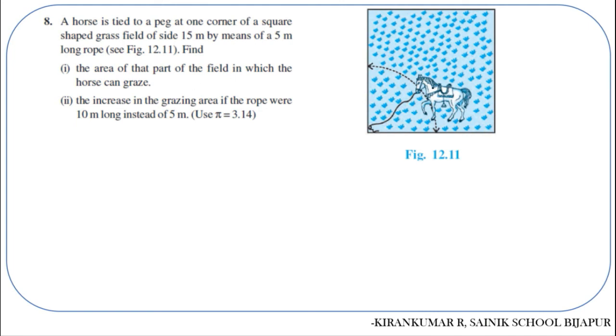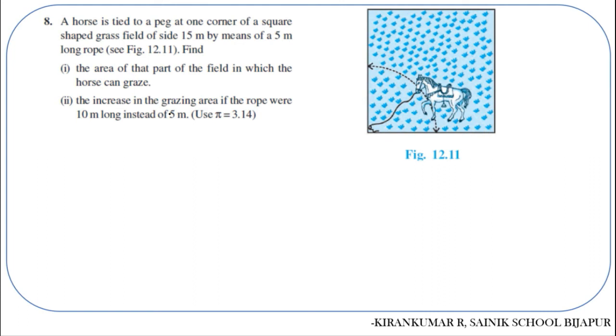So I can make a sector with the help of this rope. The length of the rope will become the radius. Then find the increase in grazing area if the rope were 10 meter long instead of 5 meter, so the new radius will become 10 instead of 5.